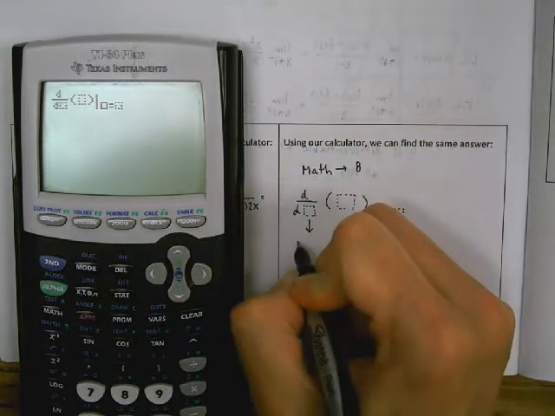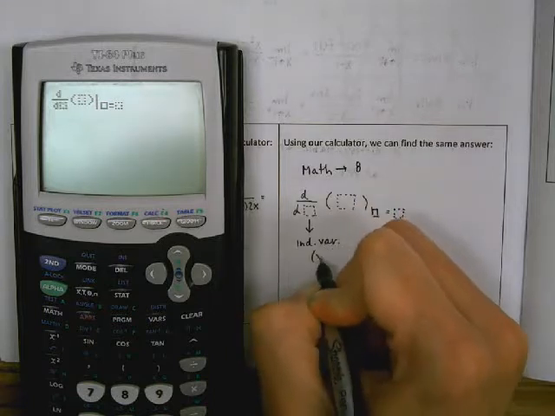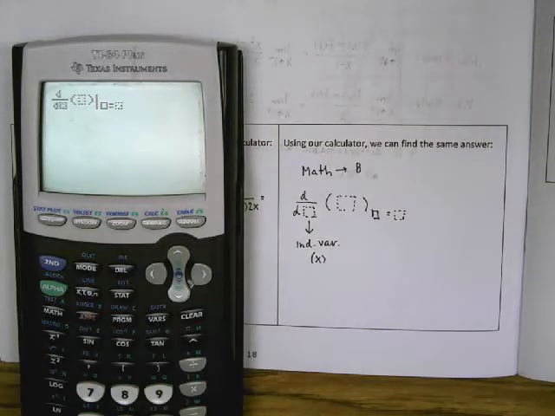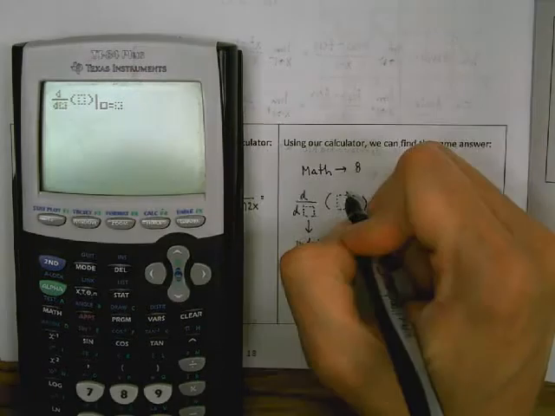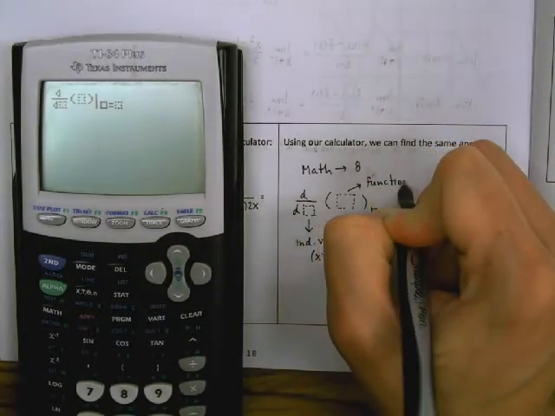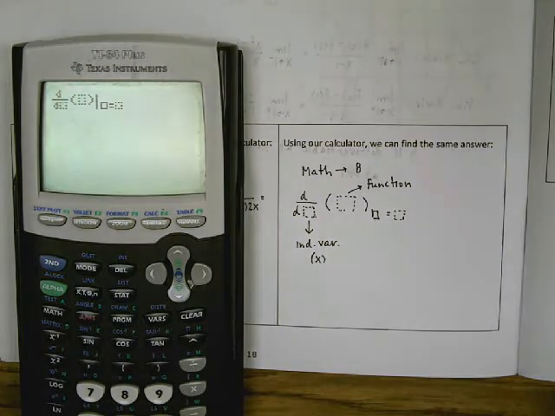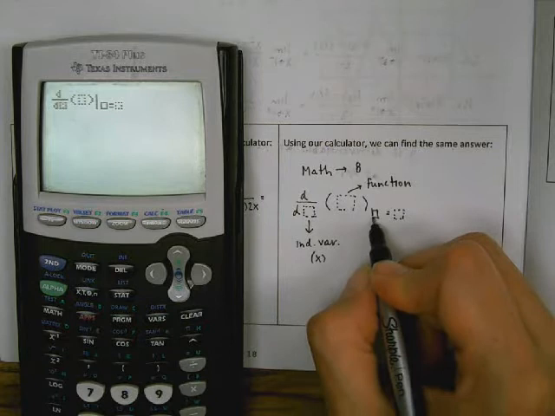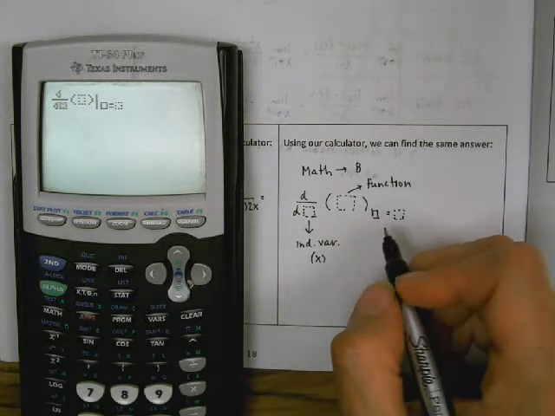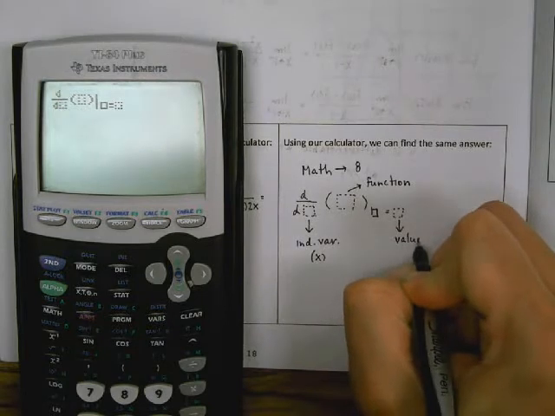In this box, it wants the independent variable, which for us, we're just going to use x when we're typing in these functions. In this box here, we're actually going to type in the function. And then this is going to be populated. That'll be our independent variable again. And then this is the value where we want to find that derivative.